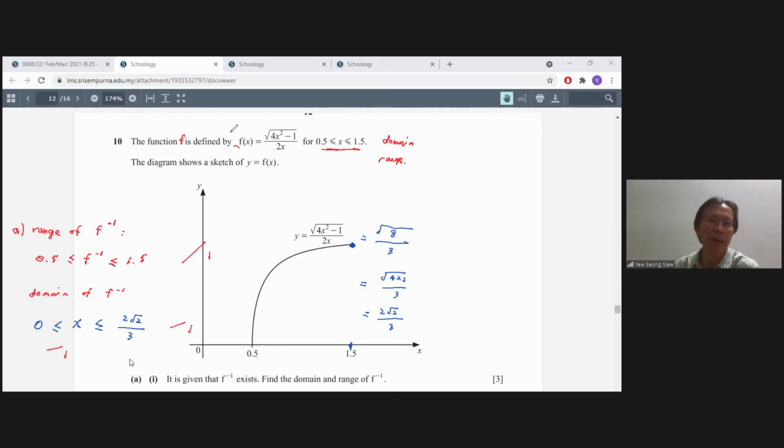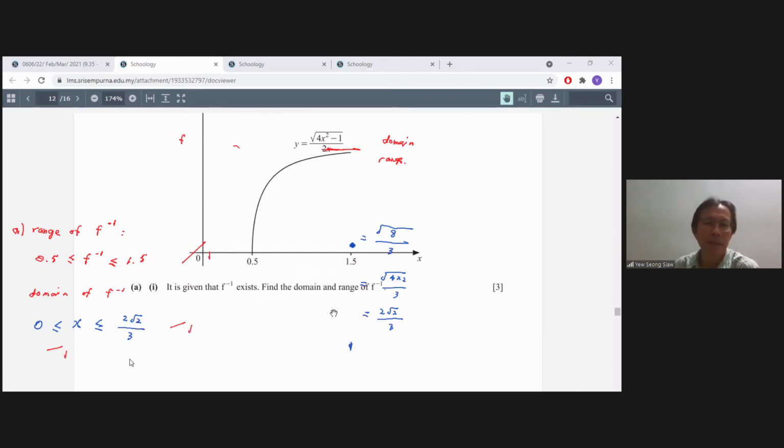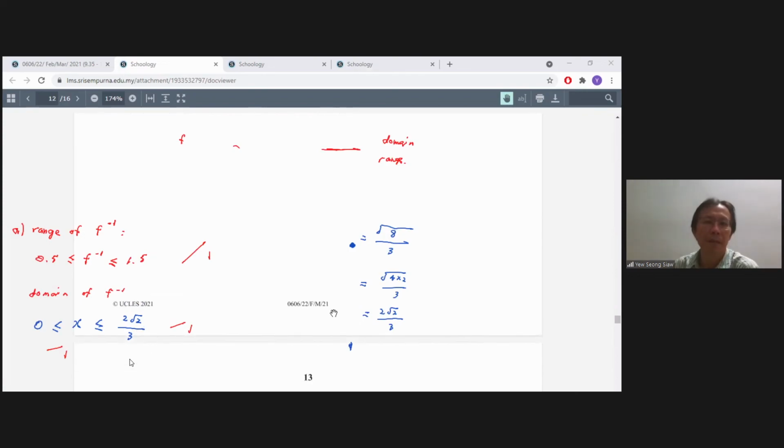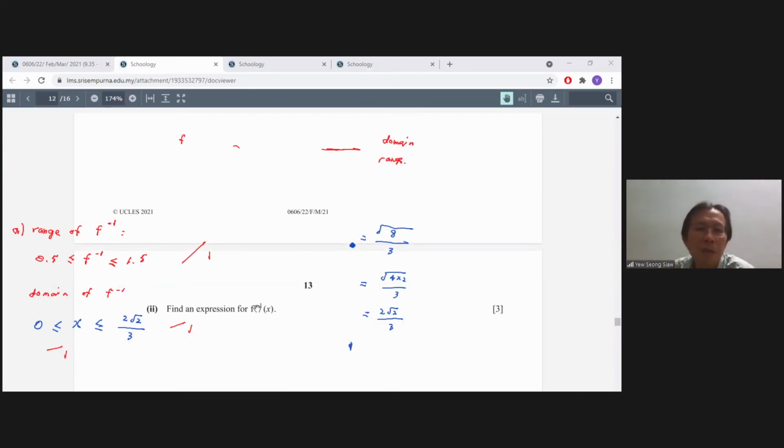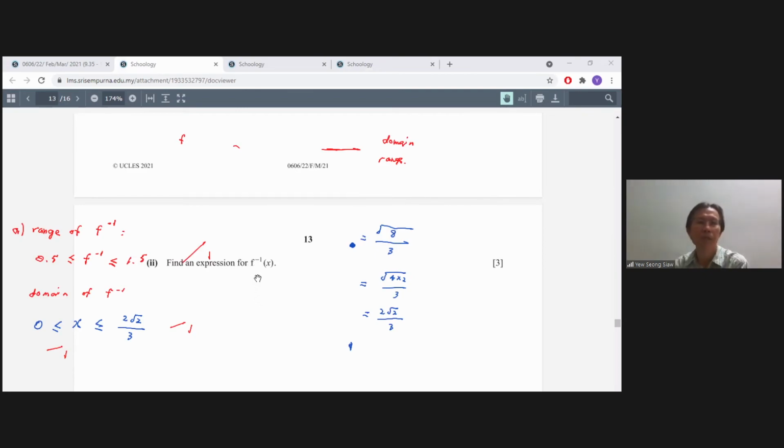Continue. Second part. Find the expression of f inverse. I think this one is normal, you know how to do. It's the inverse function. Okay, find the inverse function.